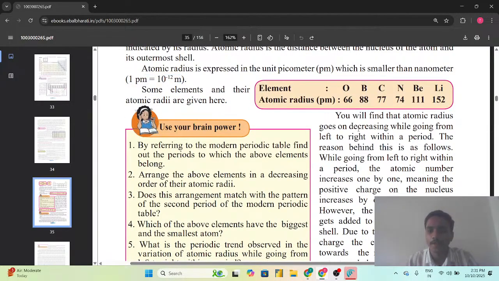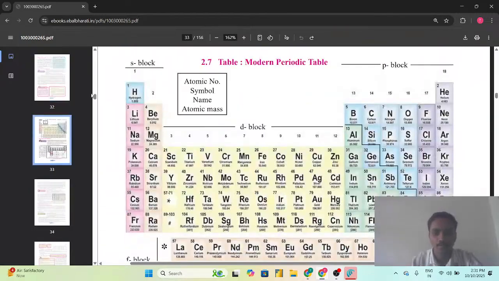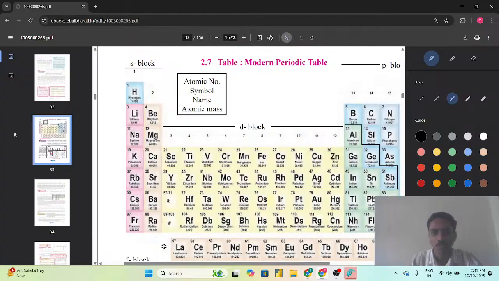You will find that the atomic radius goes on decreasing while going from left to right within the period. This is again one important part which we have to focus on.